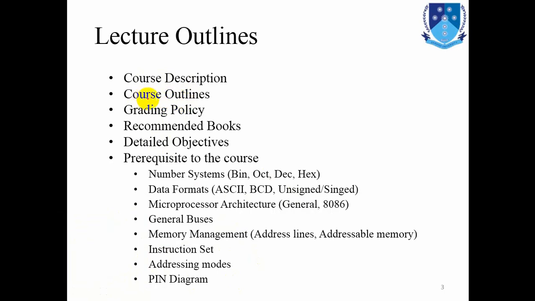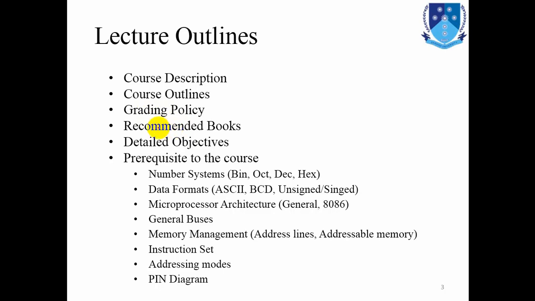Here we will discuss the tentative topics which we have to cover in this course. Then after discussing the course outlines, we will discuss the grading policy for this course, or in other words, the marks distribution which we will use at the end of the semester for various sections of this course.